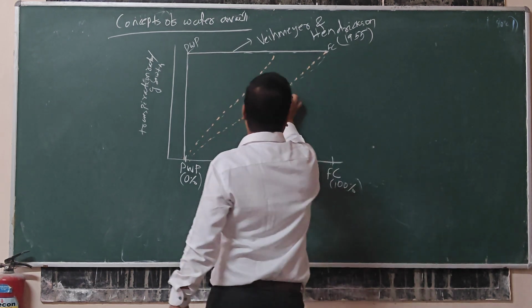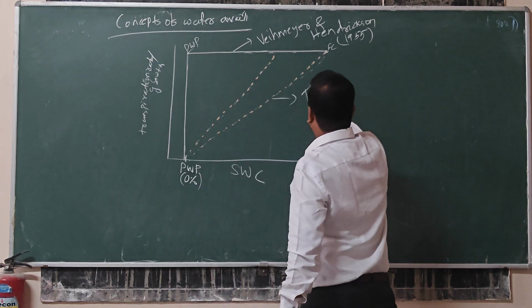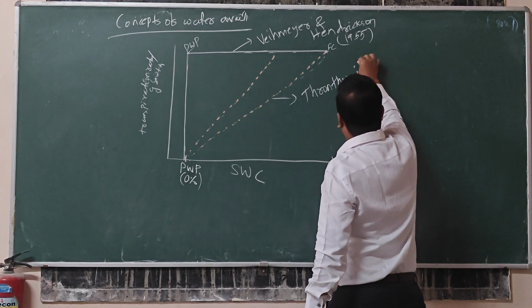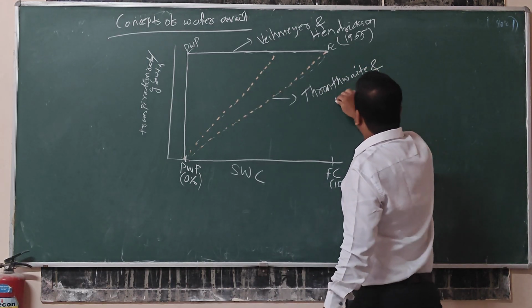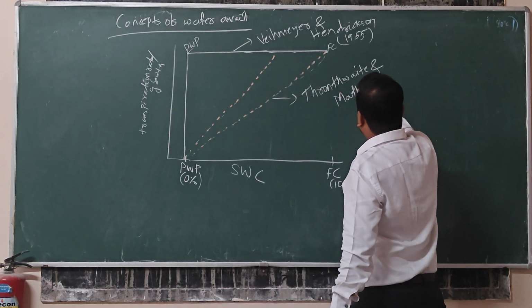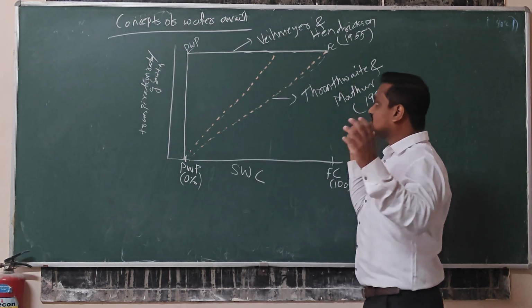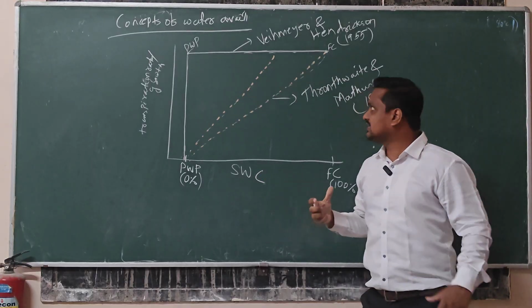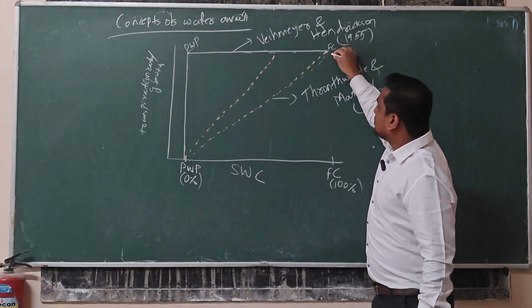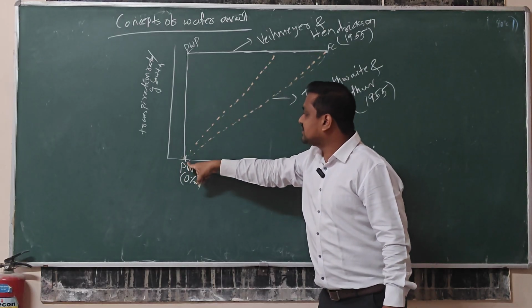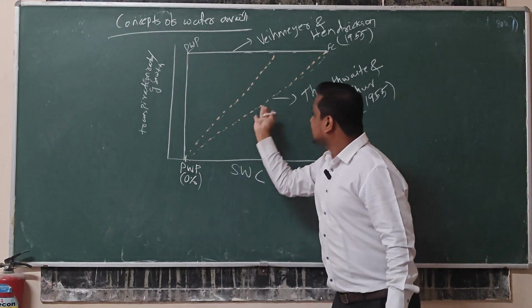Then another school of thought came from the scientists Thornthwaite and Mather, in 1955 also. They hypothesized that the water availability decreases from field capacity to permanent wilting point in a linear fashion.